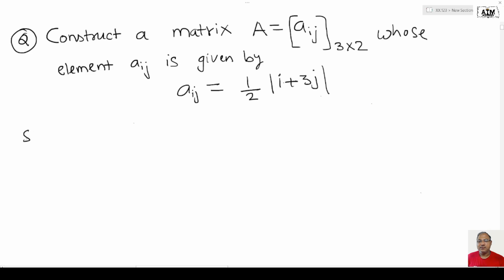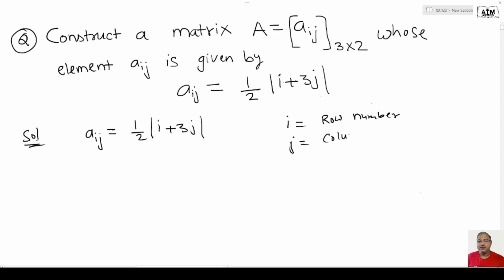So what is given to us? The general expression for the element is half modulus of i plus 3j, where i stands for the row number and j stands for the column number.